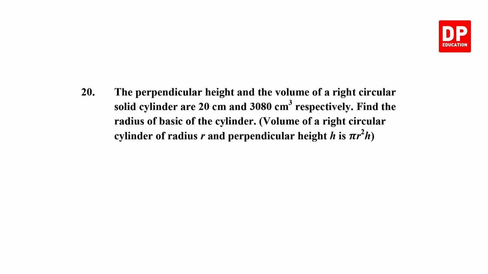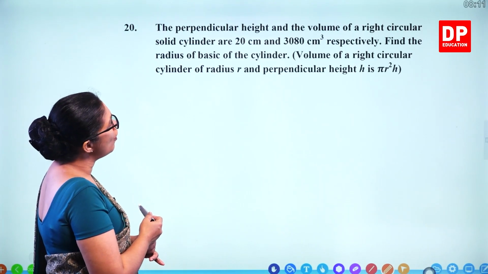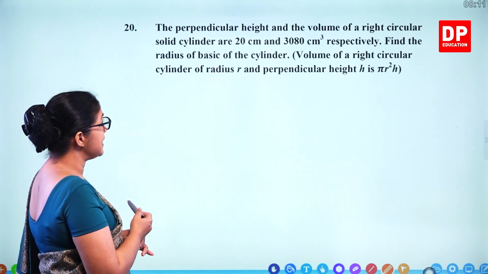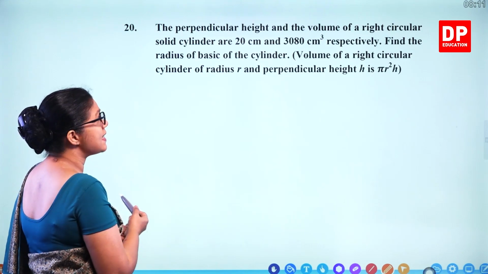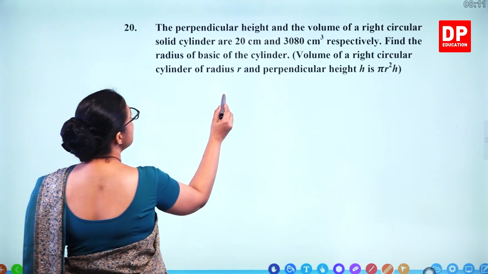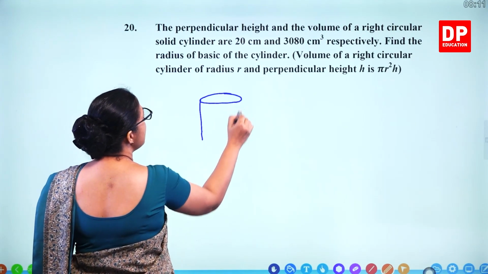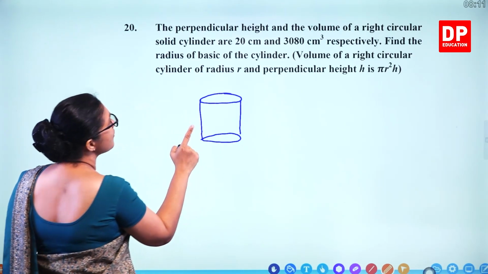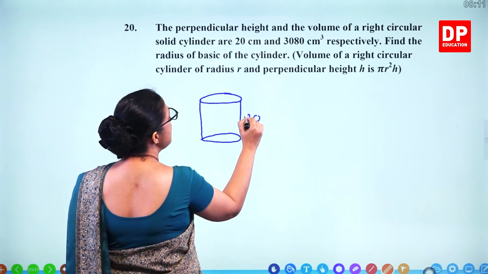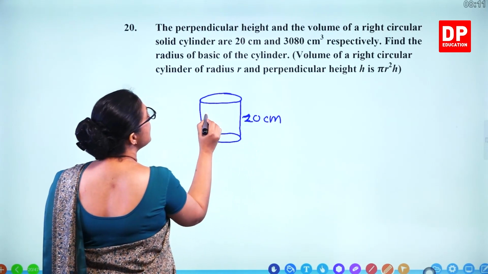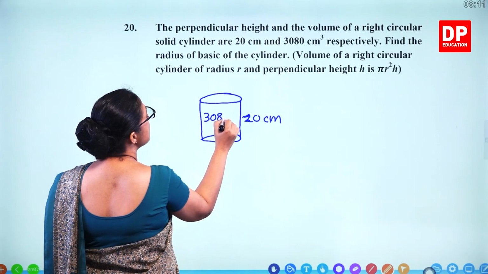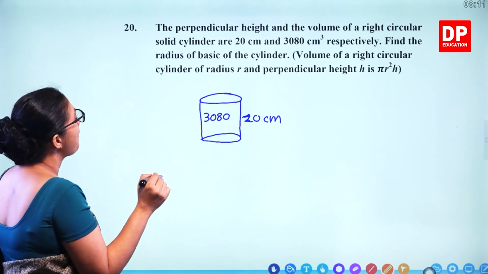Question number 20. The perpendicular height and the volume of a right circular solid cylinder are 20 centimeters and 3080 cubic centimeters respectively. So this is a cylinder, the height is 20 centimeters and the volume is 3080 cubic centimeters.